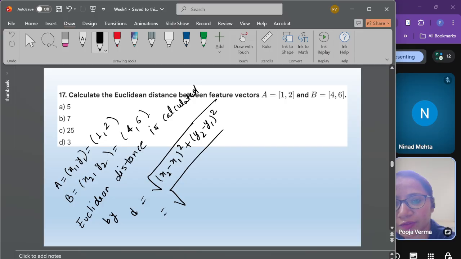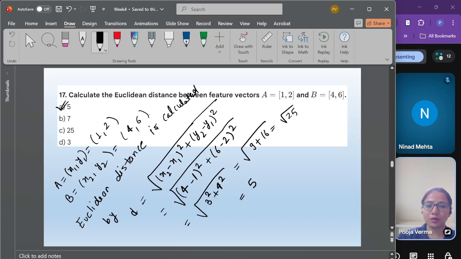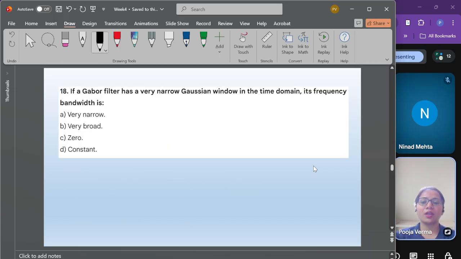Now put the values: x2 is 4 and x1 is 1, so 4 minus 1 whole square, 6 minus 2 whole square, right? So 3 squared plus 4 squared, we get root of 9 plus 16, that is root of 25, and that is equal to 5. So option A is the correct answer for this question. I hope all of you are getting it. This is a basic simple question. Now moving to our next question.